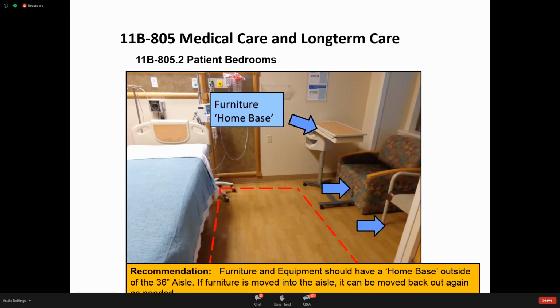Whether it is or it isn't, it's not designated as a patient bedroom. In code, a patient bedroom is a real specific thing. That goes on the hospital license. It's designated as a patient bedroom. There's X number of beds. It has to have a window. It has to have certain requirements, certain square footage. I don't think you're talking about one of those when you're doing a sleep study.